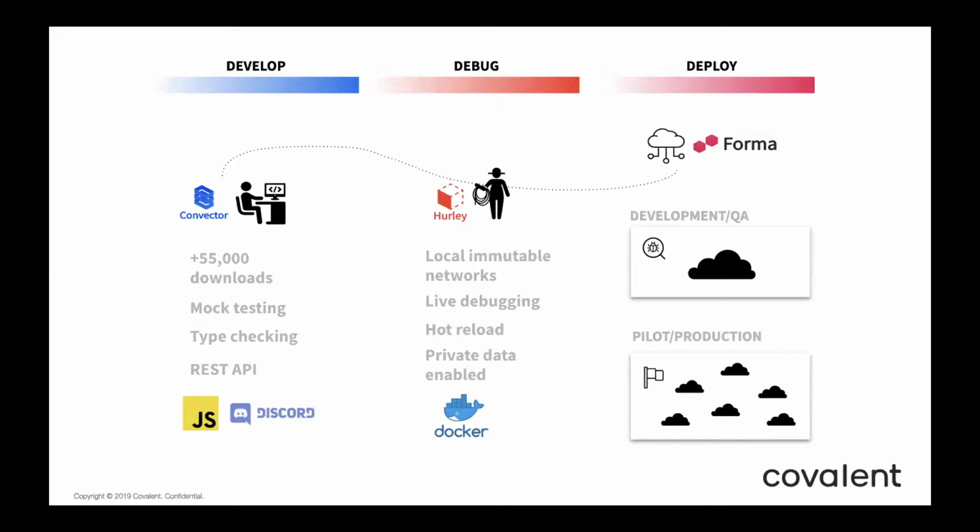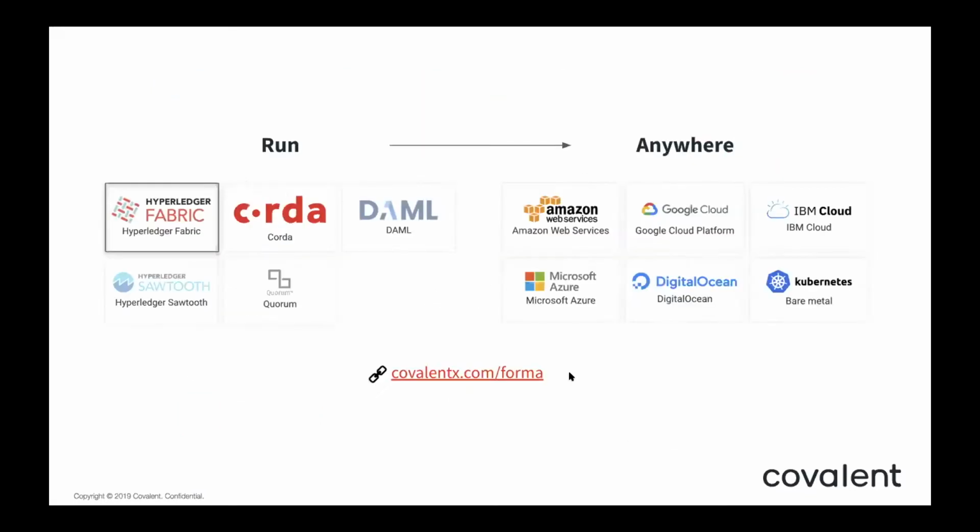And on the final step, we have the deployment section to deploy all the contracts that you use in this develop and debug phase to a cloud. It can be either a single cloud just for testing, or it can be on a production environment connecting with multiple clients and making the network between them.